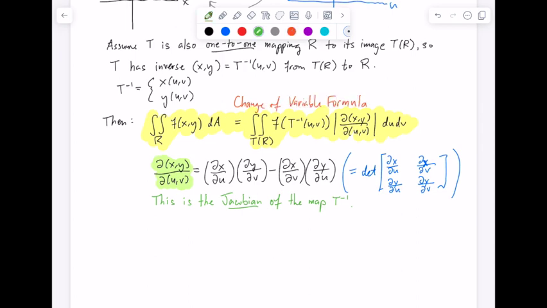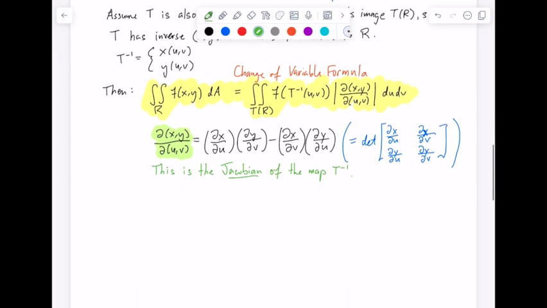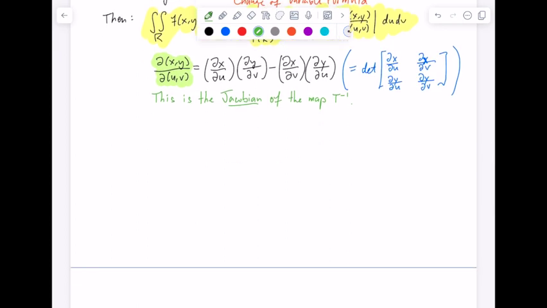Let's now take a closer look at the Jacobian and see why it appears. So this explanation is probably going to make a lot more sense if you've seen matrices or linear algebra before. But even if you haven't, we can try and make sense of this.